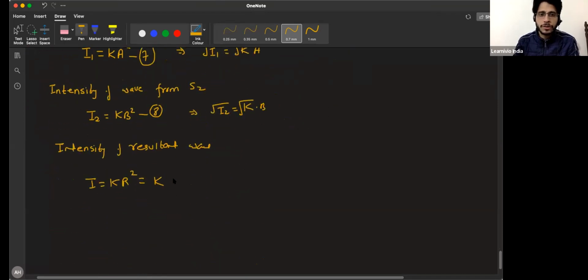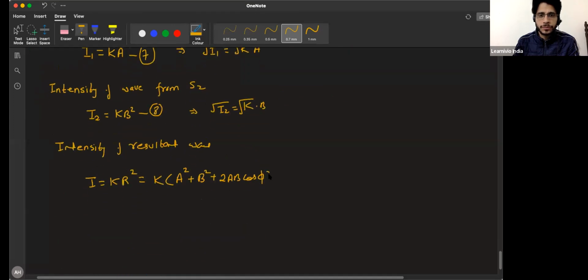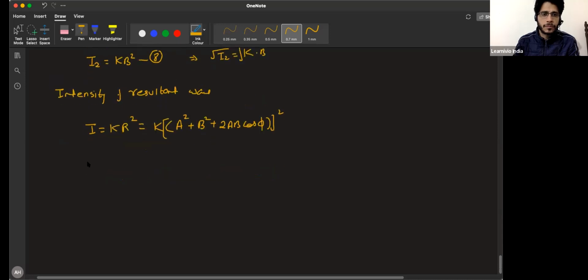When you take the square of this term, you are left with A square plus B square plus 2AB cos phi. So I is k A square plus k B square plus 2AB into k cos phi.